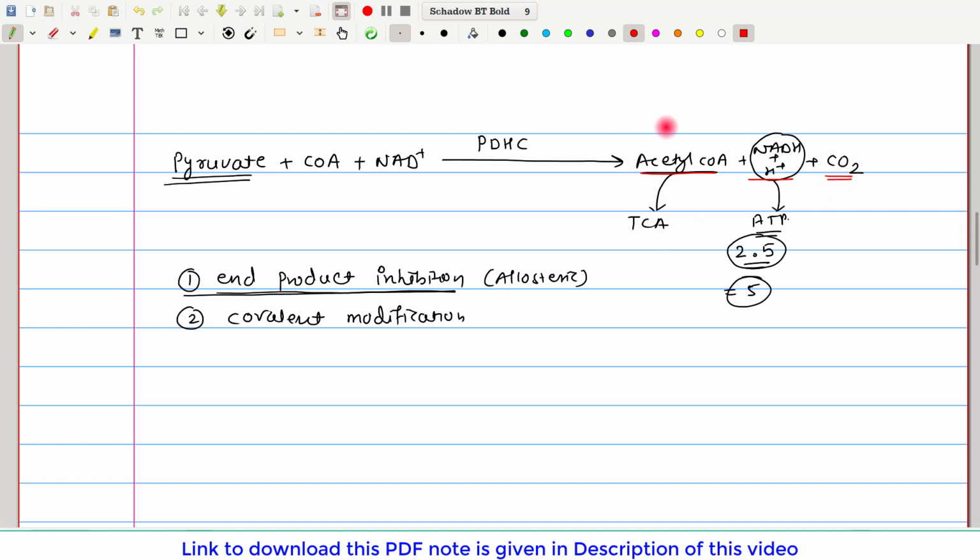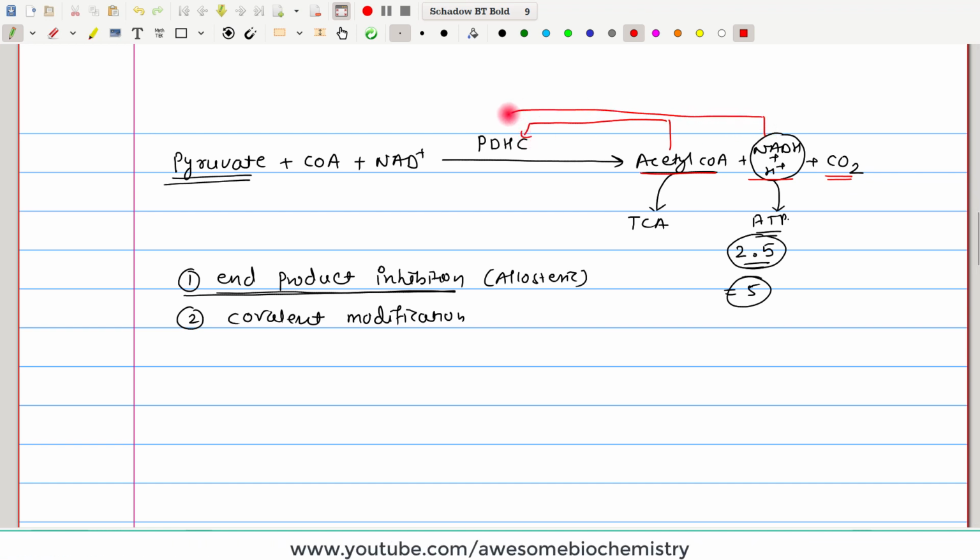Out of these 3 products, acetyl coenzyme A and NADH and H+ are both allosteric inactivators of the pyruvate dehydrogenase complex, and the specific location in the PDH complex is the E1 part. Both of these act on the E1 part as allosteric inhibitors, and so this PDH activity can be kept under check.